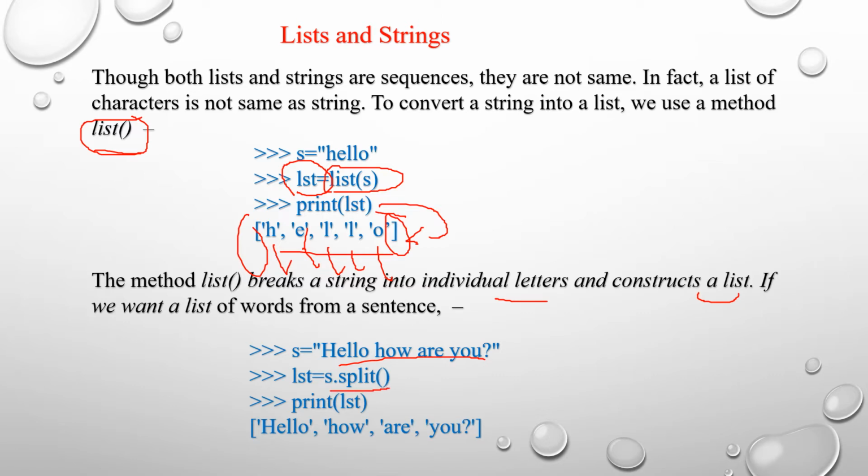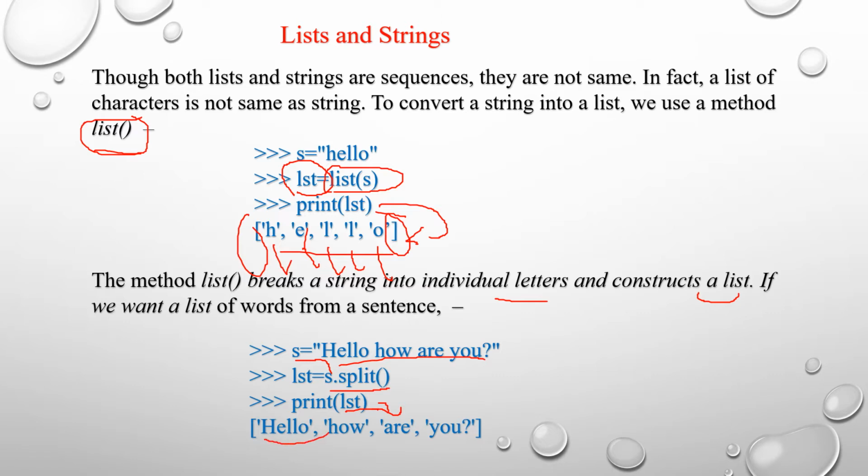Here I am declaring one variable lst is equal to s, invoking the method split. After that I'm going to print lst. The Python interpreter will print hello how are you enclosed with square brackets.